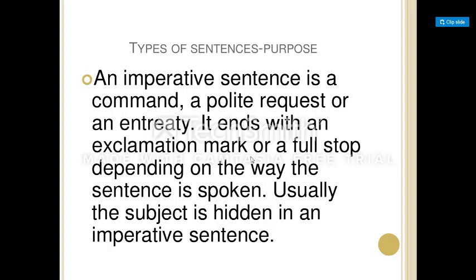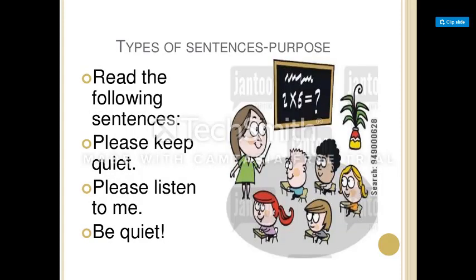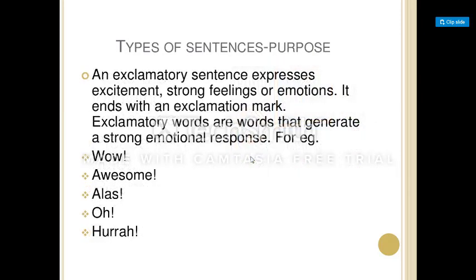This is the confusion, the thing which exists in common between exclamatory sentences and optative sentences: both end with an exclamation mark, like this.